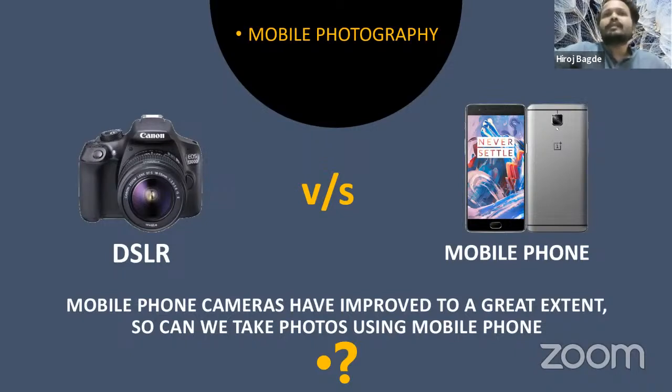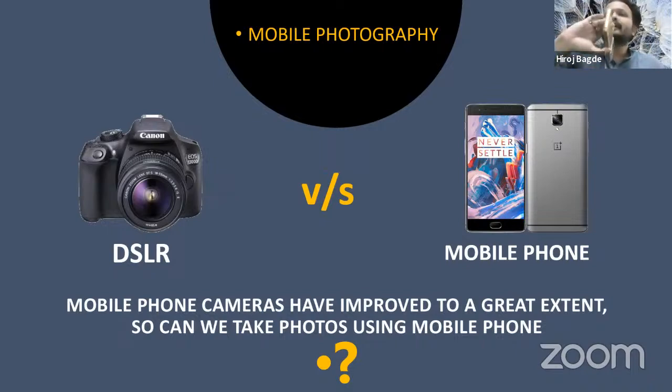But DSLRs are definitely going to be replaced by the use of mobiles. But it will take some time because that technology is still developing. DSLRs are developing too, because they have mirrorless now. Earlier it was a big bulky DSLR camera. Now we have something called mobile photography.